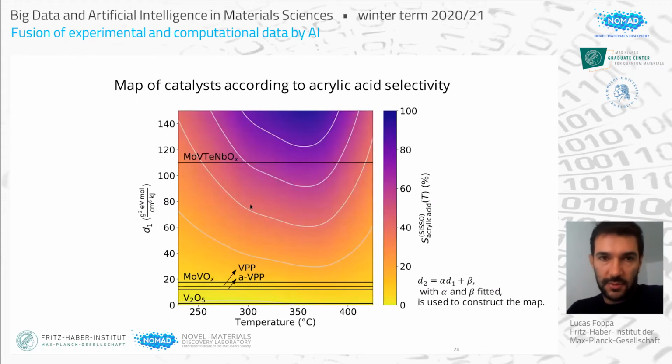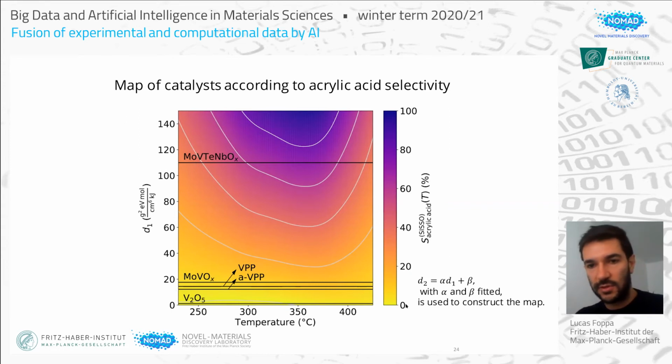So based on this model, what can we do once we find this model? We can create maps of catalysts according to acrylic acid selectivity. And this is what is shown in this graph here. So here I'm showing D1 on the y-axis, so the value of this descriptor component, as a function of temperature. And in this graph, each of these lines corresponds to one of the catalysts in the initial data set that we use.